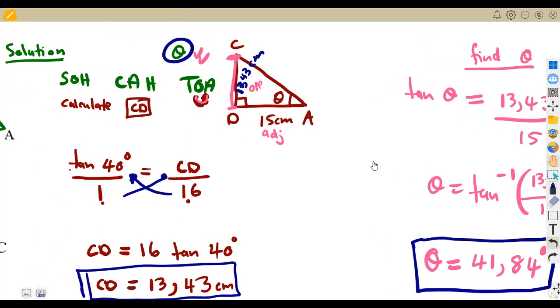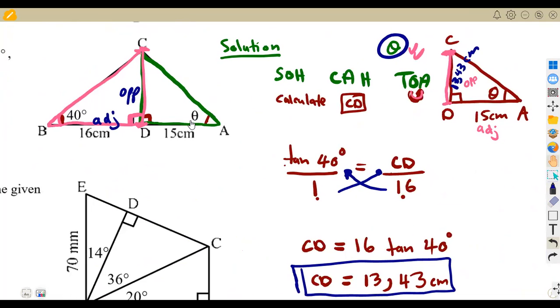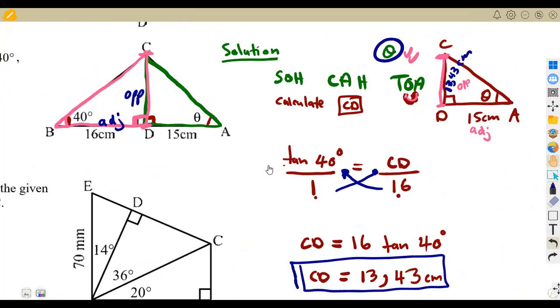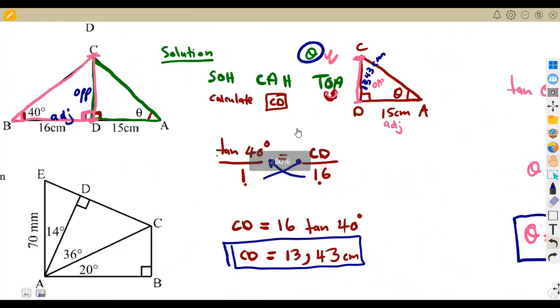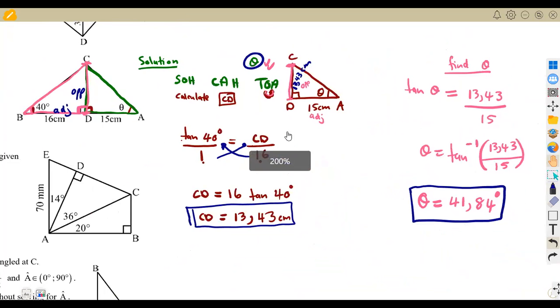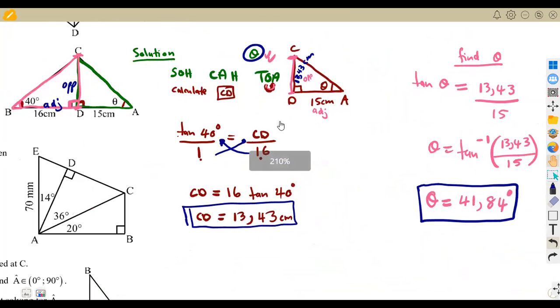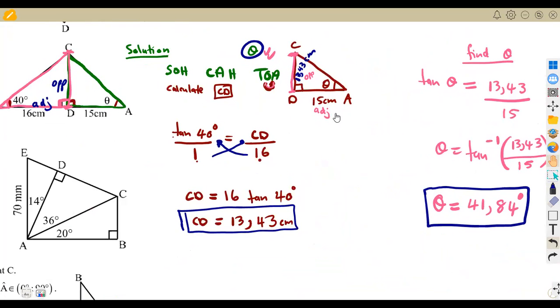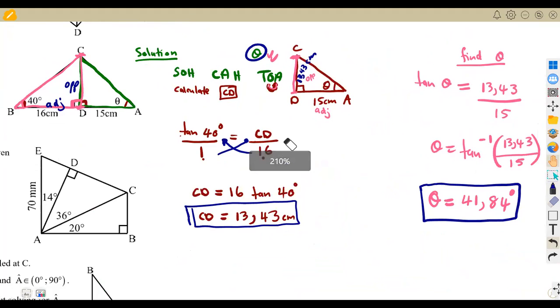So as you can see, that is how we could have calculated the angle theta. It's not like you're always going to have a triangle where the information is direct. Sometimes they give you information like this, where you have to figure out how you can determine the angle theta from this triangle. Can I find anything that can help me to find theta?